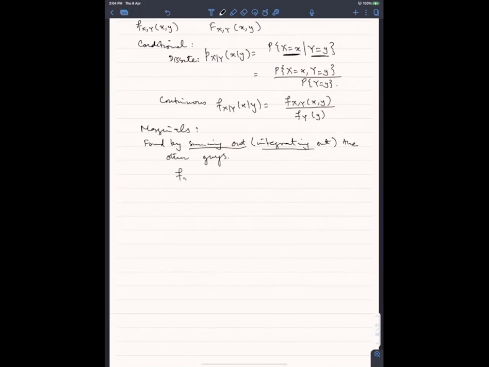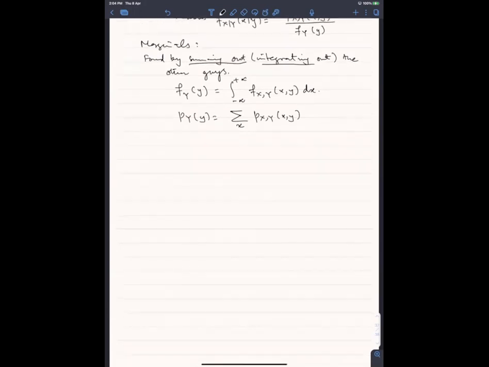So, for example, f of y, which is the marginal of y, would be found by integrating x out of this. Similarly, p of y would be found by summing x out of this.